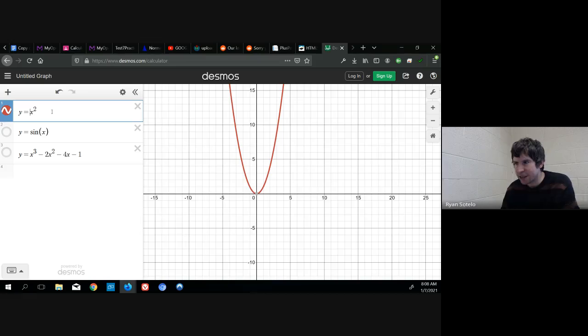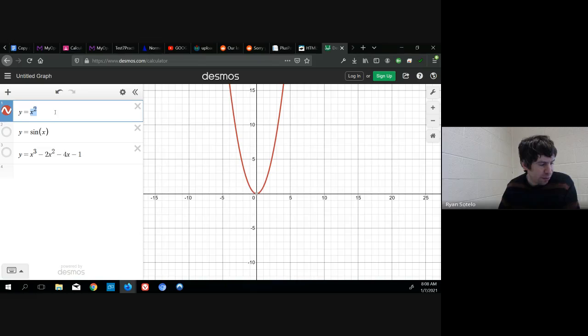The idea here is that if you want to do something vertically, so whether you want to shift it up and down, or stretch it up and down, or reflect it, flip the top and bottom to reflect it, you do it outside of the function. So here, x squared is my function on the right-hand side.